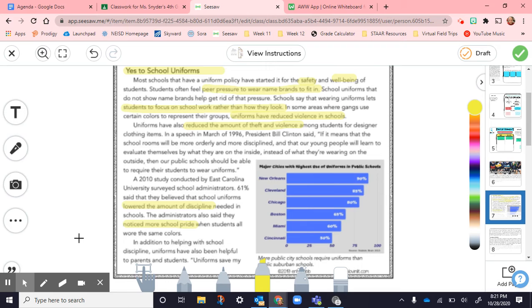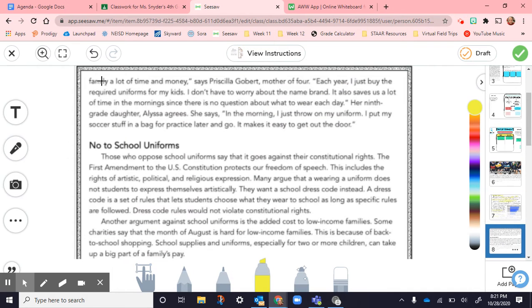In addition to helping with school discipline, uniforms have also been helpful to parents and students. So uniforms save my family a lot of time and money, says Priscilla Gobert, mother of four. Each year, I just buy the required uniforms for my kids.